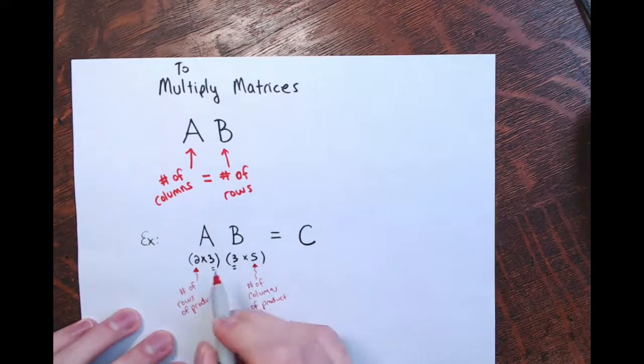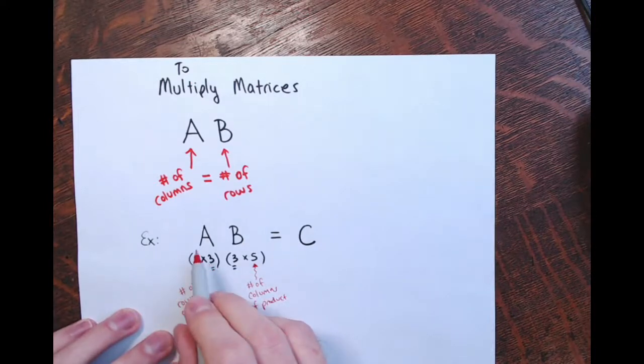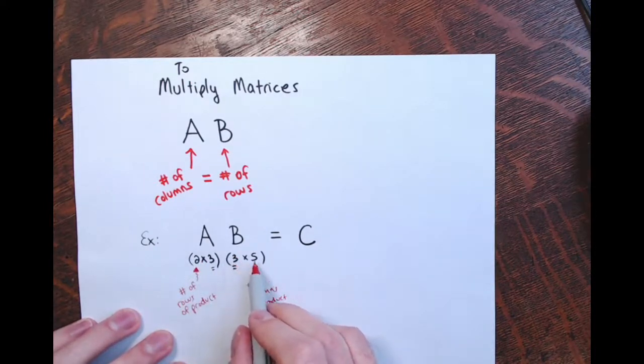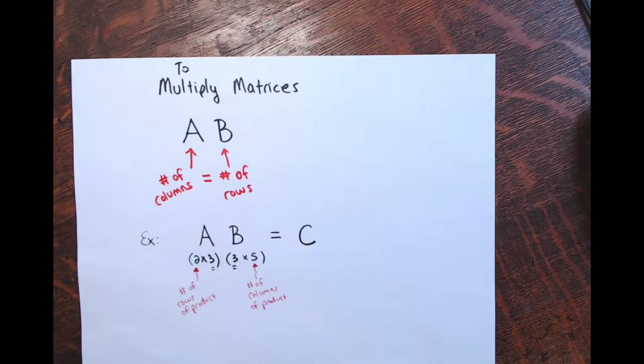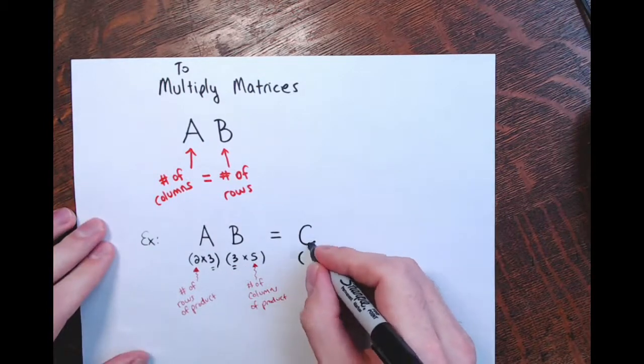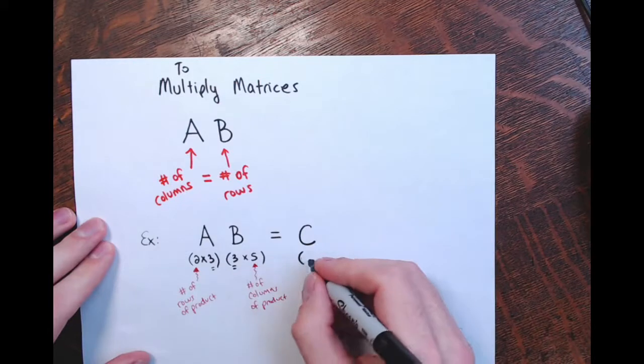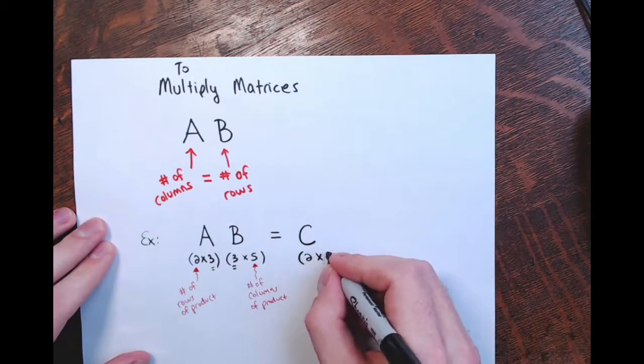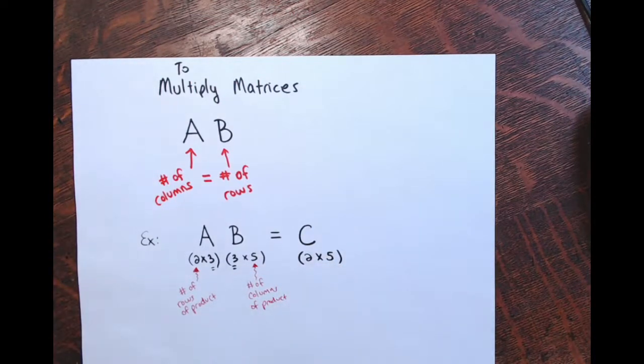All right, so if I have a 2 by 3 matrix and I multiply it by a 3 by 5 matrix, the resulting matrix, say capital C, will be a 2 by 5 matrix. It'll have 2 rows and 5 columns.